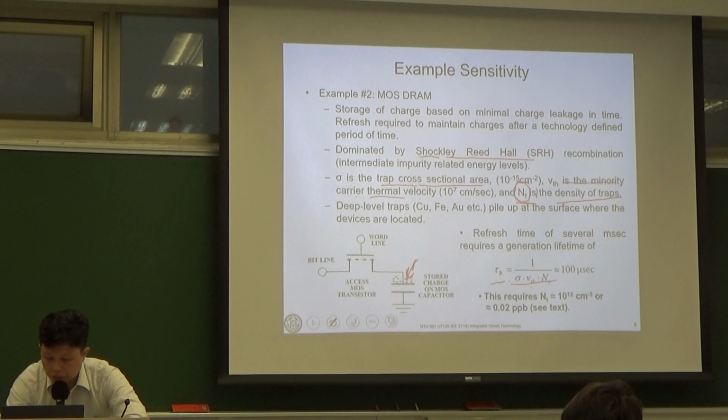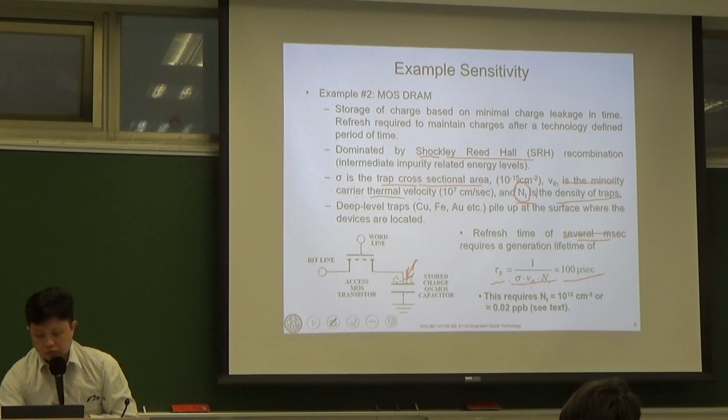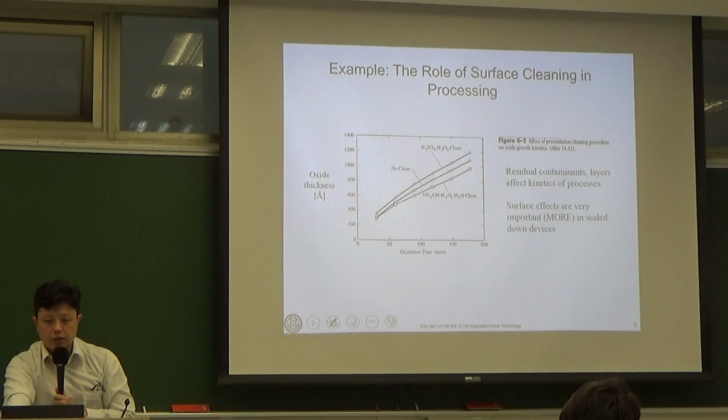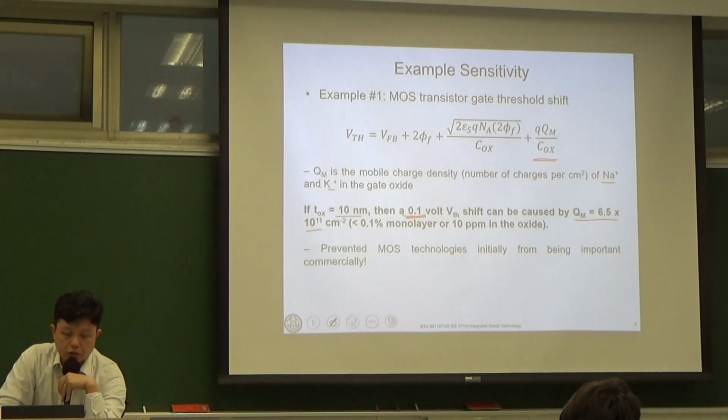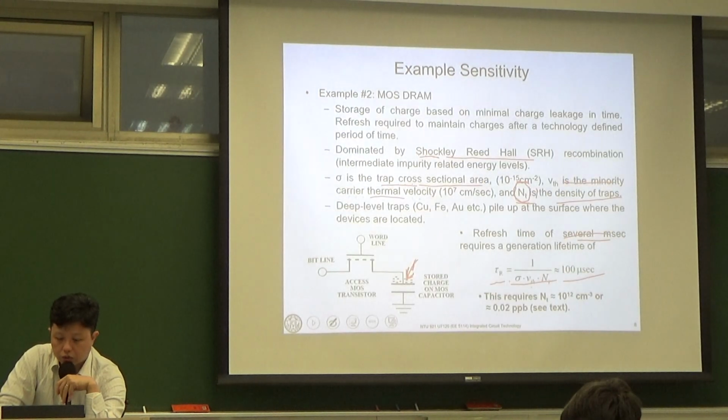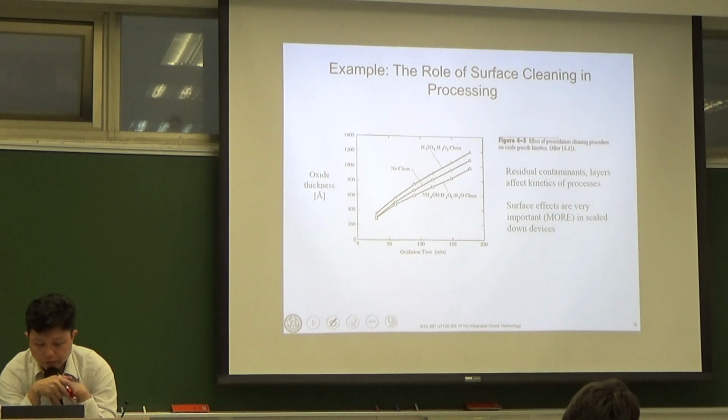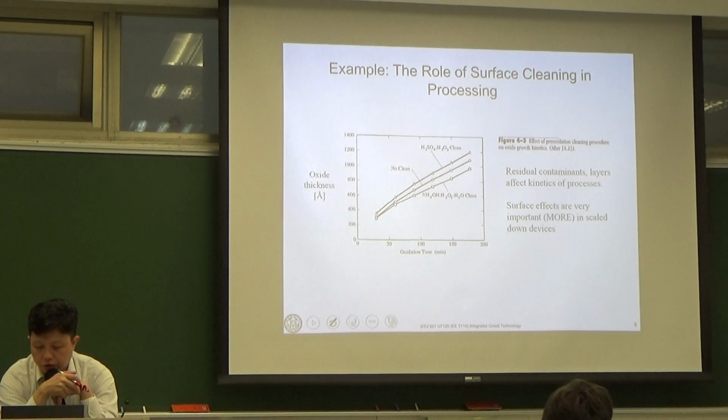If we plug this number in this equation, this refresh time is like 100 microseconds, sometimes up to like several milliseconds. So either the transistor VTH will shift, or in your DRAM you have to refresh it in a shorter time. So then we have to control our defects or these impurities in our wafers.